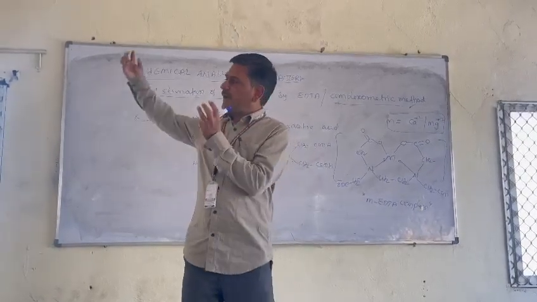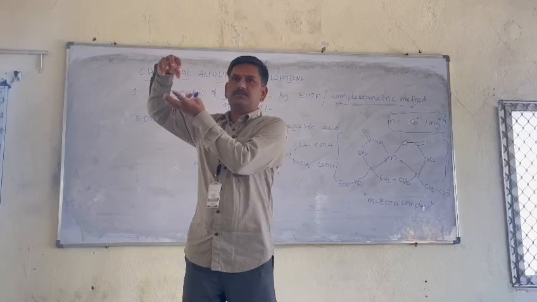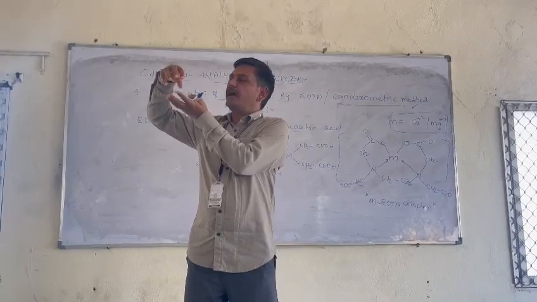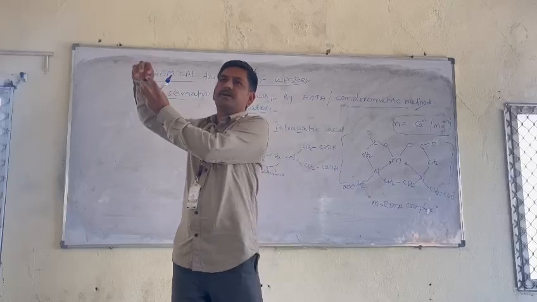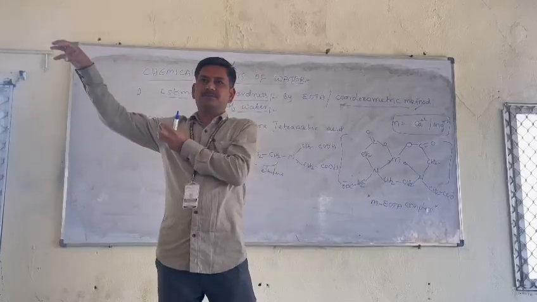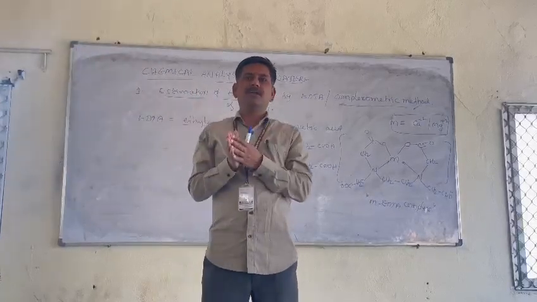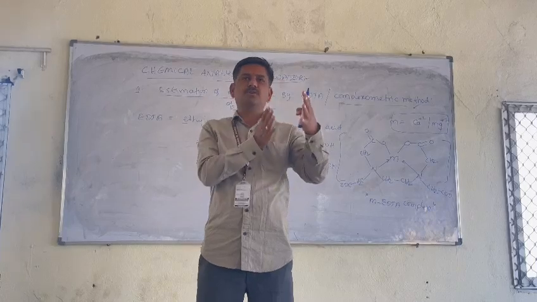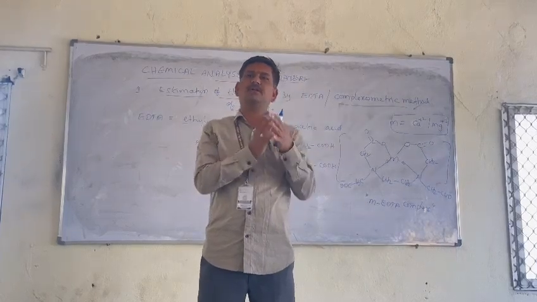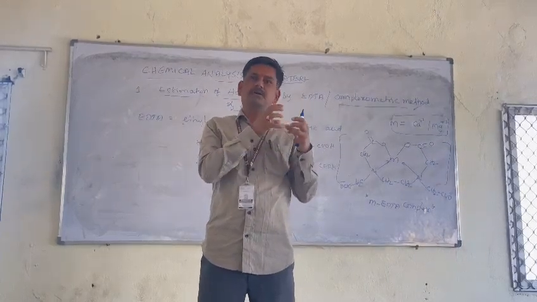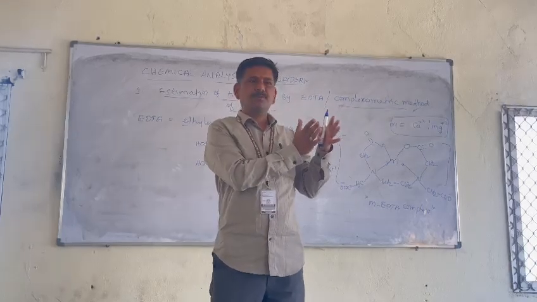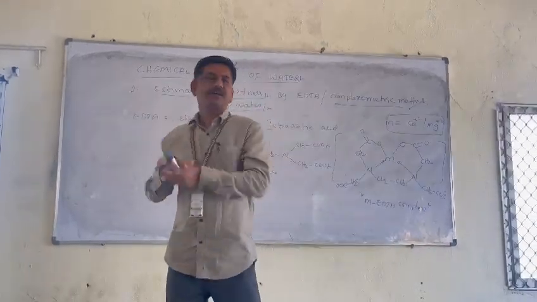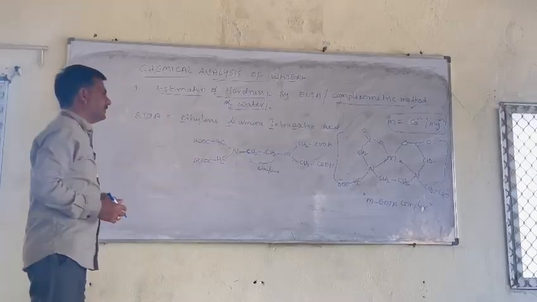When we add EDTA solution to this mixture, the metal EBT complex dissociates and forms the metal EDTA complex. Why? Because the EDTA ligand is a good electron donating ligand, a powerful complex forming ligand. That's why the metal EBT complex dissociates and the metal EDTA complex is formed.